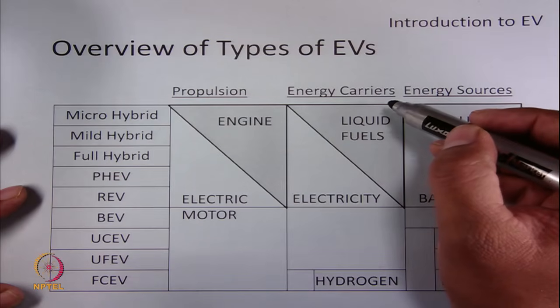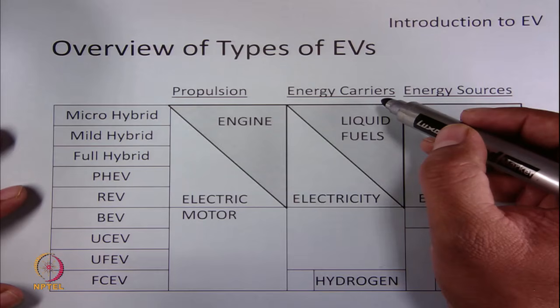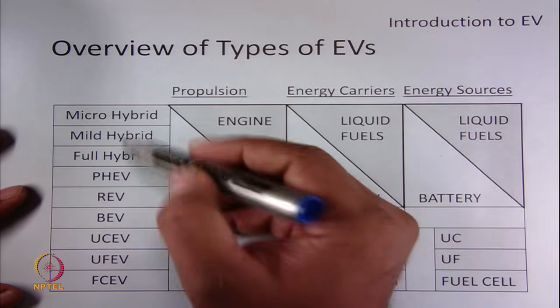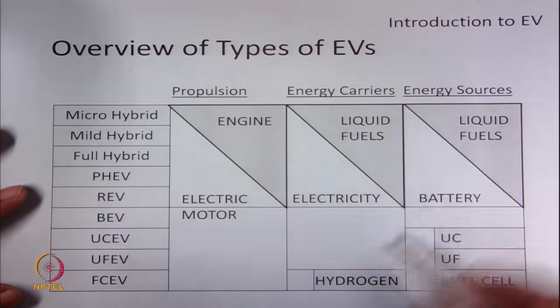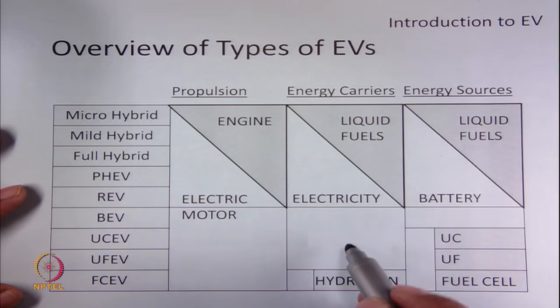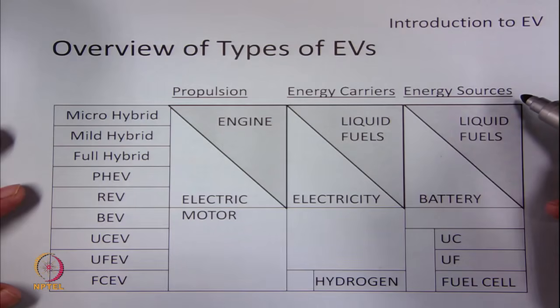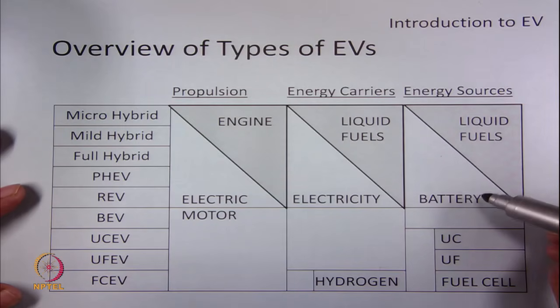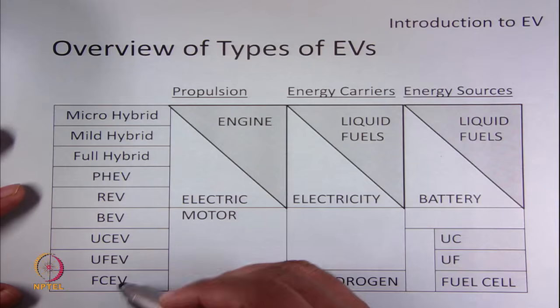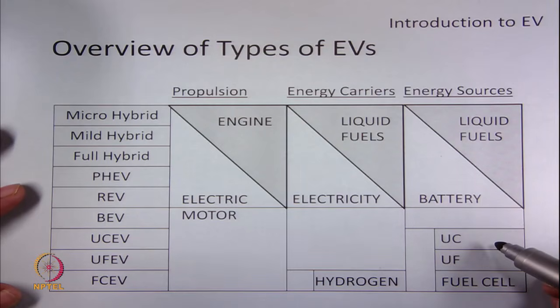On the other hand, if we classify the EVs on the basis of energy carriers, hybrid vehicles use either liquid fuels or electricity as energy carriers, while a pure electric vehicle uses either battery or hydrogen as energy carriers. If we classify the EVs on the basis of energy sources, we will see that hybrid vehicles use either liquid fuels or battery as energy source, while a pure EV uses battery and other types of energy sources such as ultracapacitor, ultraflywheel and fuel cell.